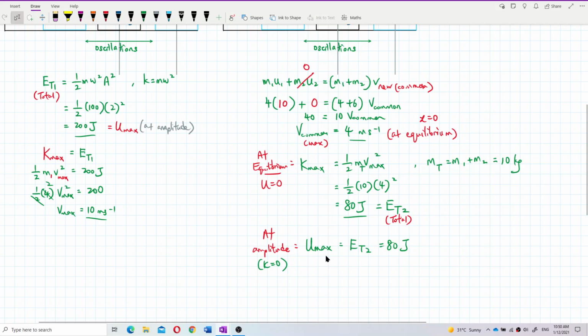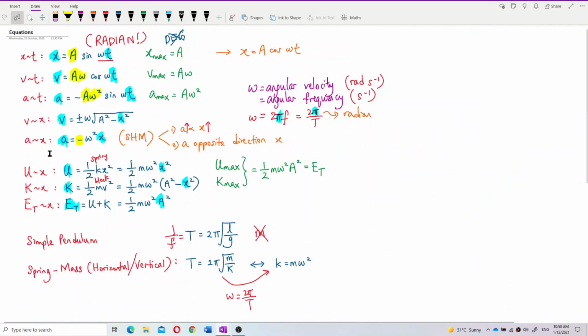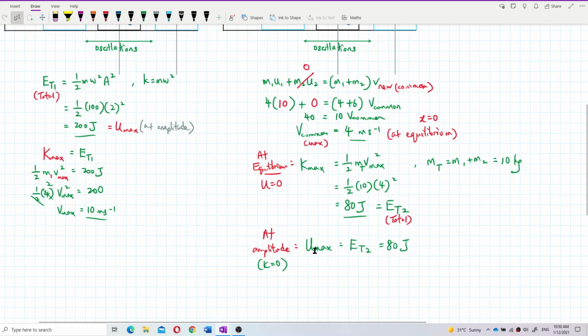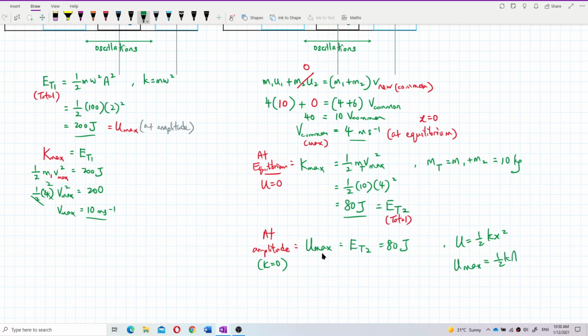What's the formula for potential energy? Potential energy is half kx square, right? When the potential energy is maximum, the displacement is the amplitude, so it is half k amplitude square.